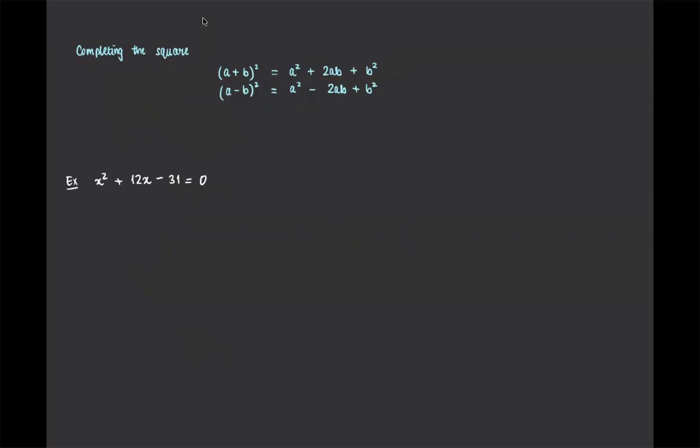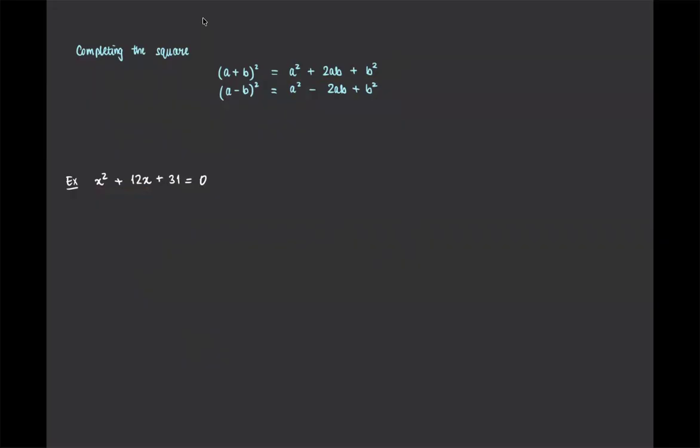So first we have the quadratic x squared plus 12x plus 31 equals 0. It should be a plus. So in this case, what I'm going to do is match the first identity, which is a squared plus 2ab plus b squared, using the first two terms of my quadratic, x squared plus 12x.